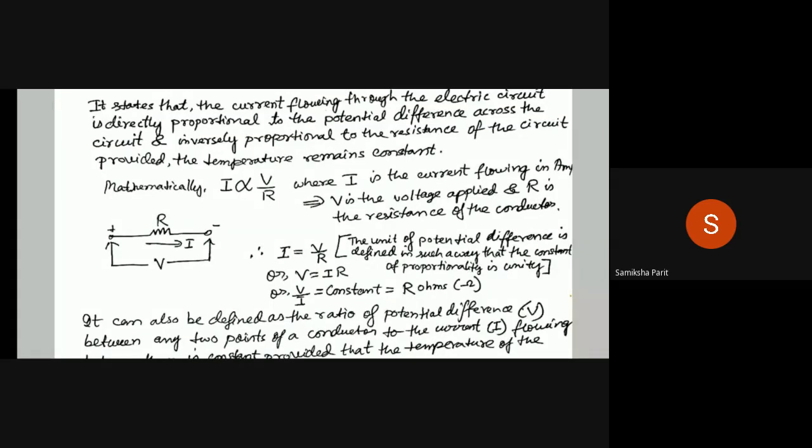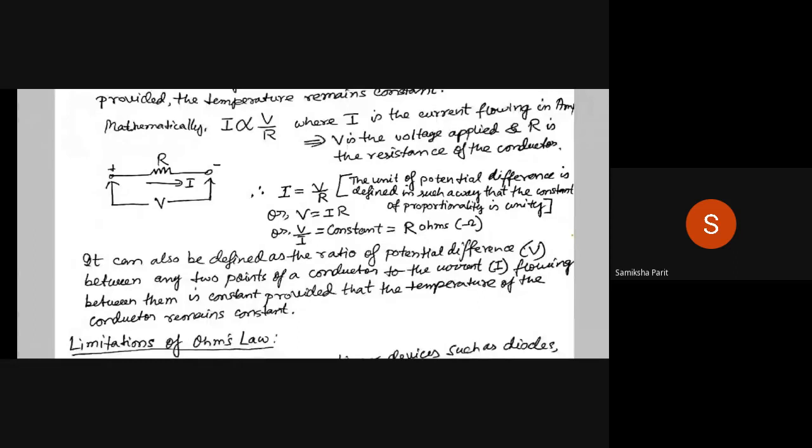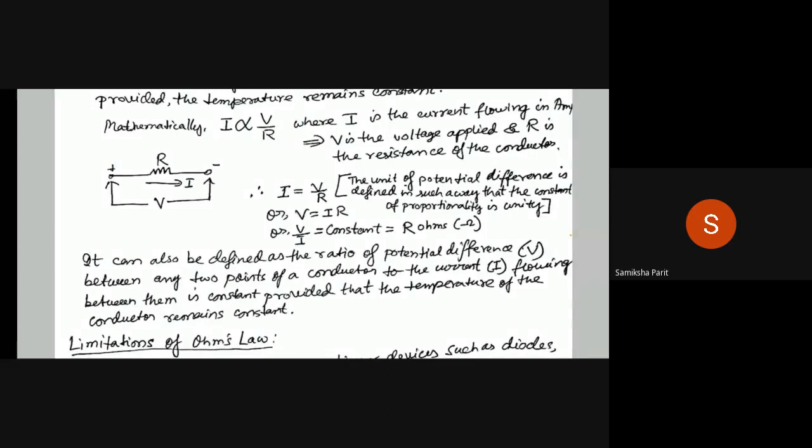So it can also be defined as: the ratio of potential difference between any 2 points of a conductor to the current flowing between them is constant, provided that the temperature of the conductor remains constant. So this is our main law. Remember, while writing the law, you should write the expressions as well as the small schematic diagram that is shown. If you draw it, it will be additional, and you'll get good marks.